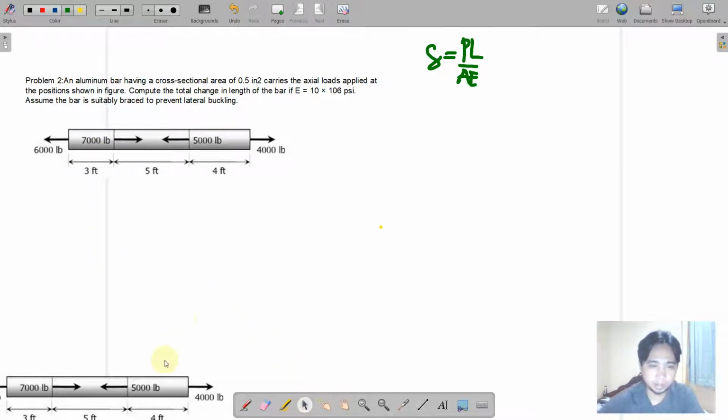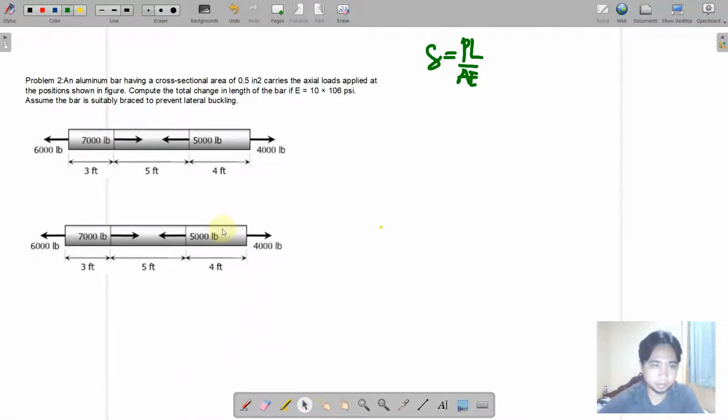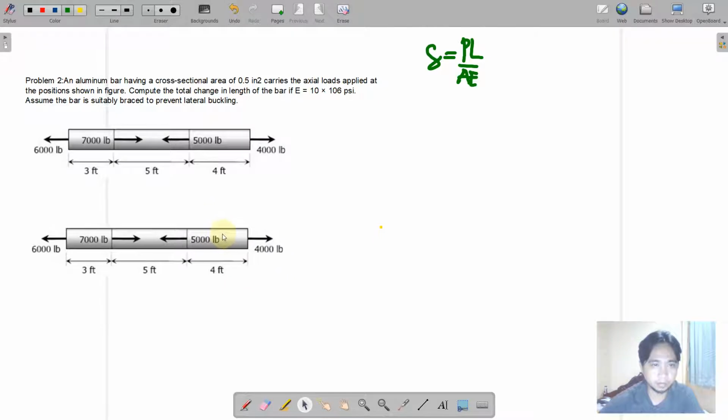I'll just use this figure. The section method is a method wherein we cut the member and we just consider the left or right portion. Okay, so that is to recall that one.